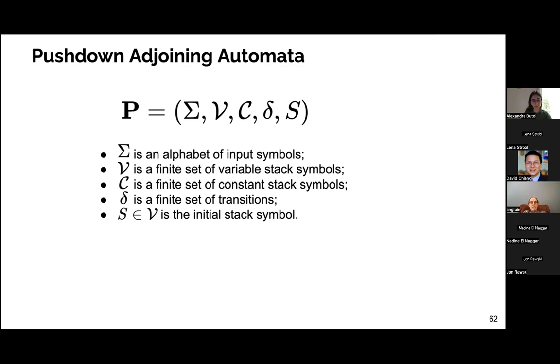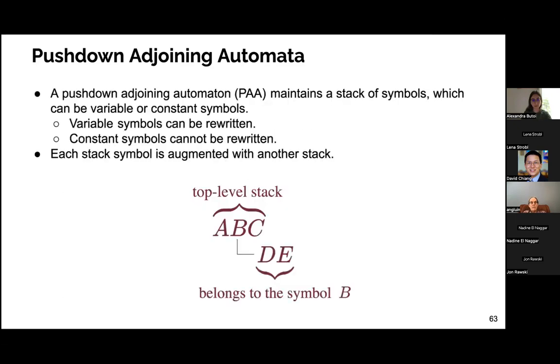We don't have states here, so we have only sequences of stacks. A pushdown adjoining automaton maintains a stack of symbols, which can be either variable or constant symbols. A variable symbol can be rewritten while a constant symbol cannot. And each stack symbol is augmented with another stack, which can be empty.